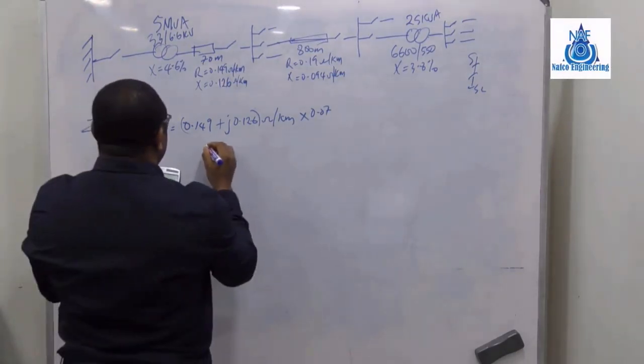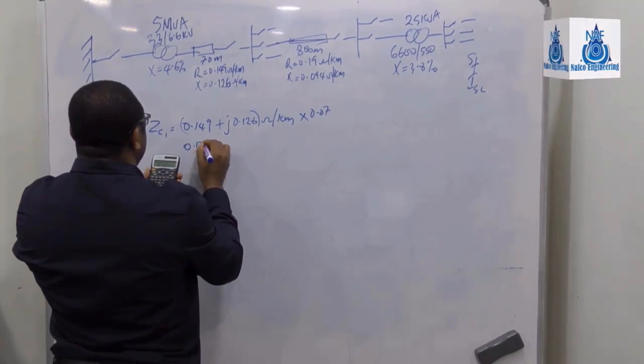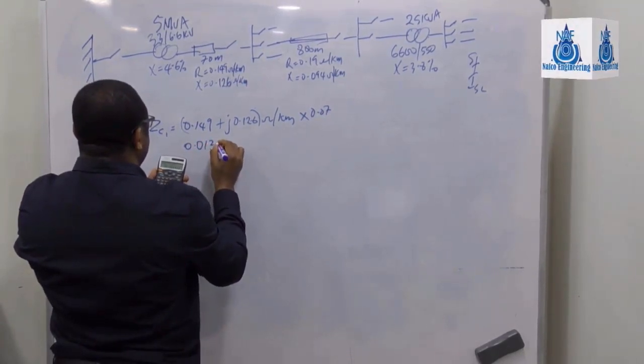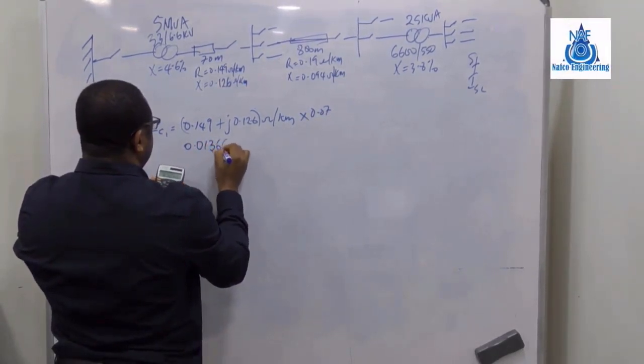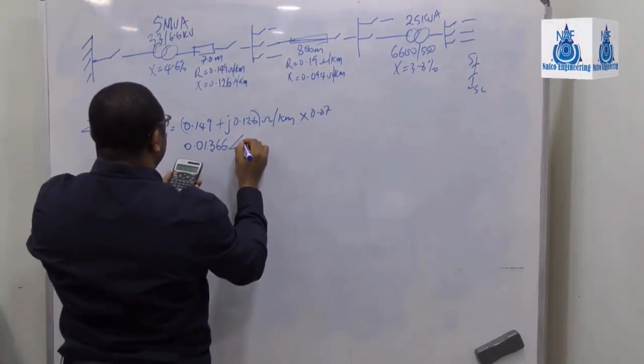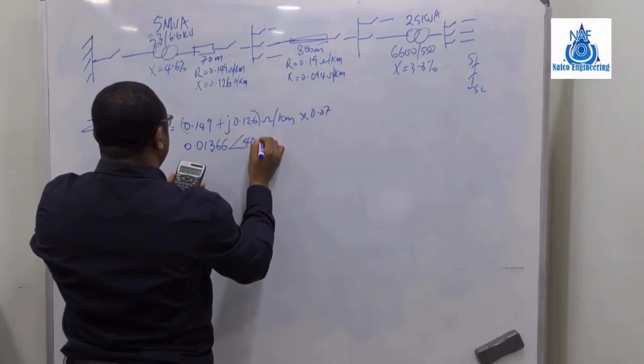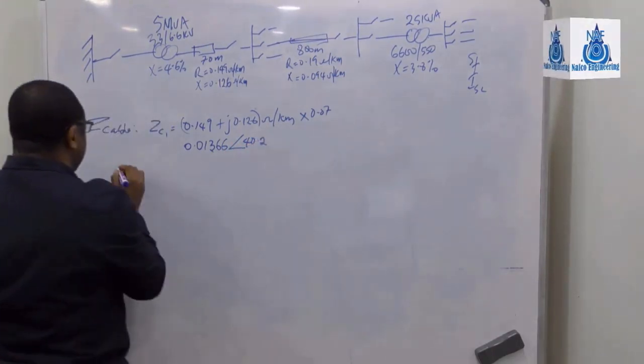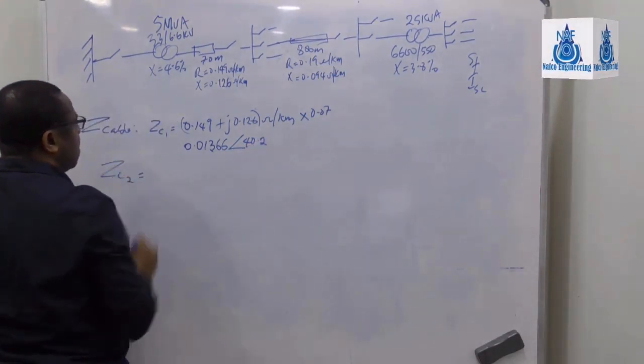So I'll have 0.01366 with an angle of 40.2.